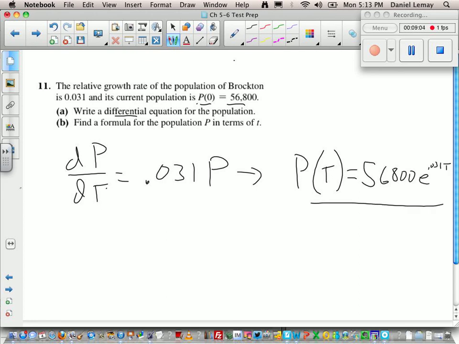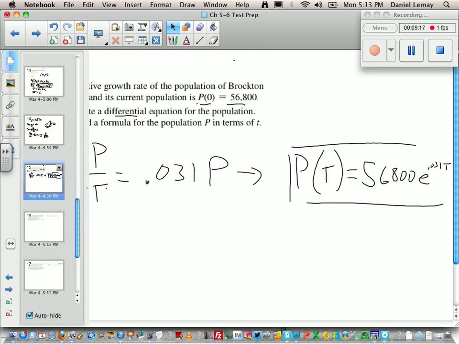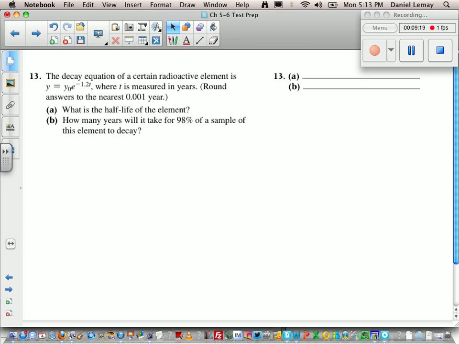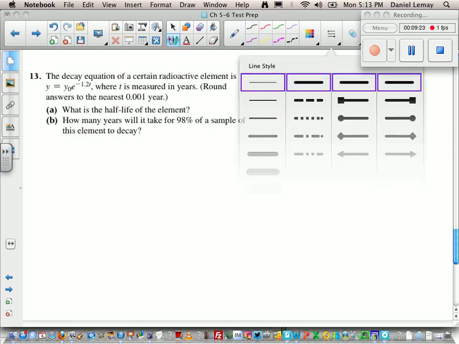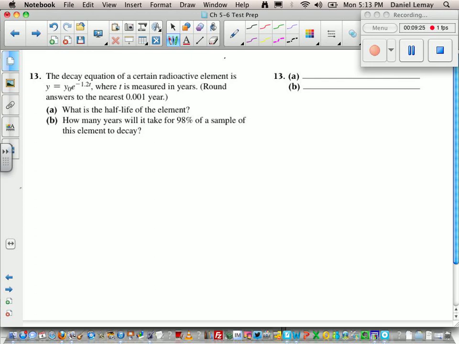Now, I'm hoping what you remember from doing all that work is that you can jump to this expression where there's an initial value, but we know the initial value. So 56,800 e to the 0.031t. And that is A and B for this question, and that's all there is to this part.